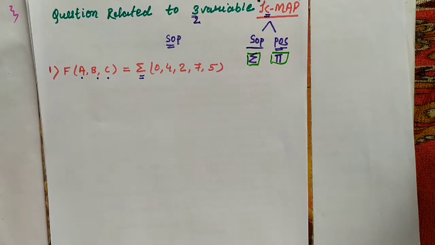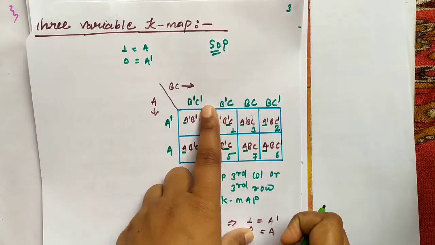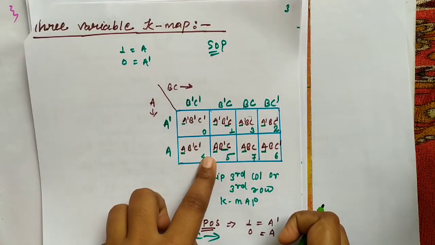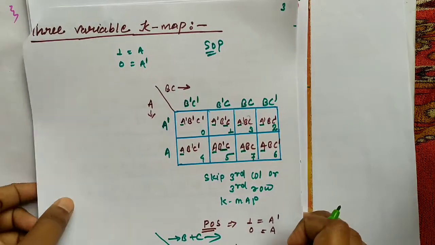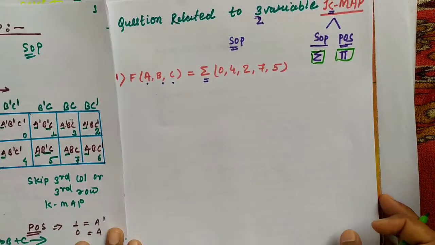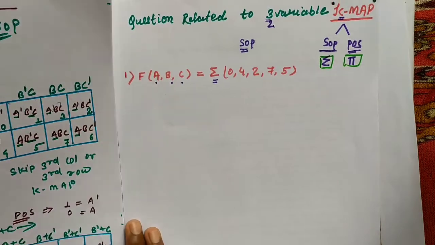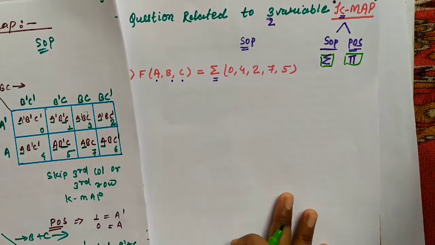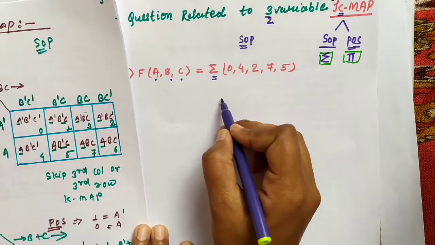In the previous video we also designed it for SOP. Here is the design of the three variable K-map, and we can write the same thing in our questions. We can take this example. So make a design.